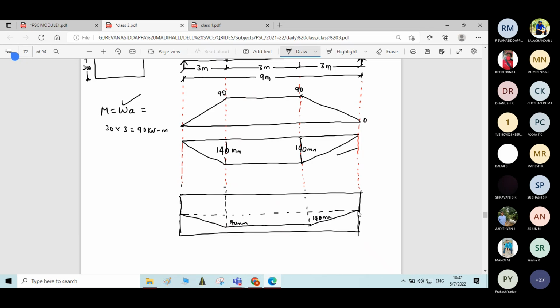Okay, so here, after drawing the diagram, you can write a sentence.